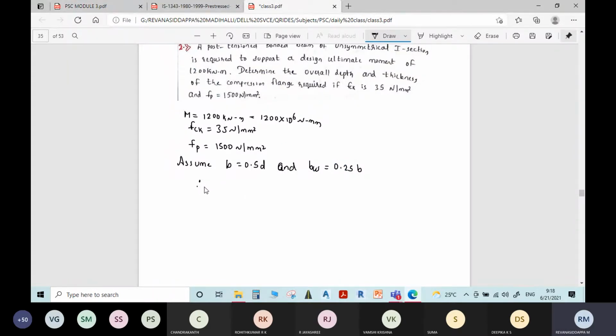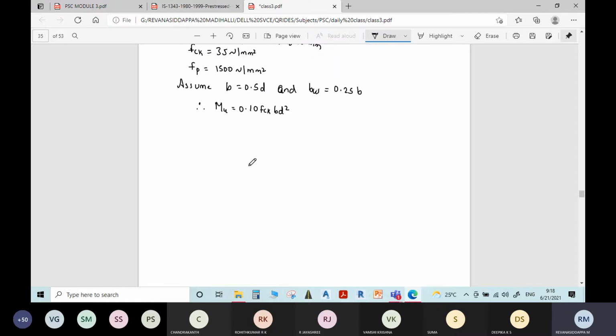therefore Mu is equal to 0.10 FCK BD square. Okay. Therefore Mu is equal to 0.10 FCK. B we have assumed as half of the depth, that is 0.5 d.